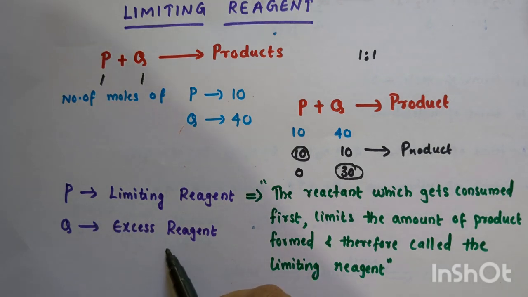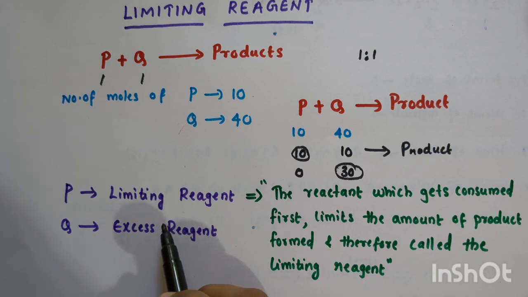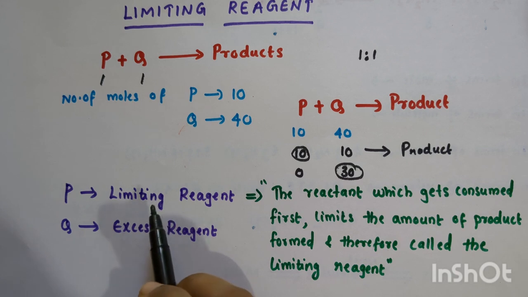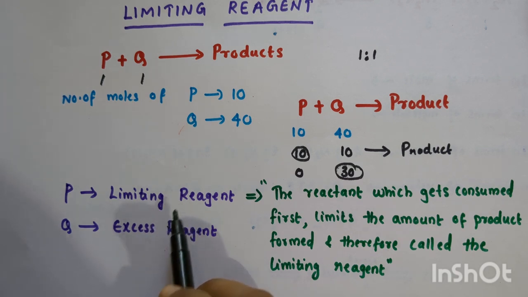So P is called the limiting reagent and the reactant Q, which is in excess here, is called the excess reagent. Many a time, reactions are carried out with amounts of reactants that are different from the amounts required by a balanced chemical reaction. In such situations, one reactant is in a greater amount than the amount required by the balanced chemical reaction.